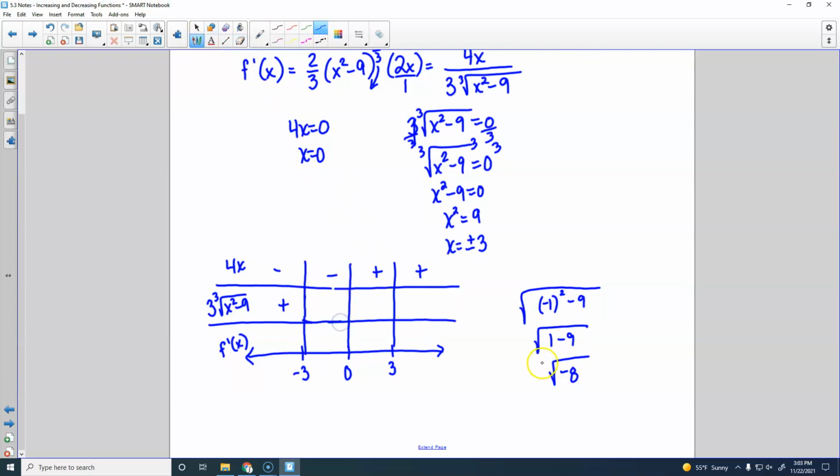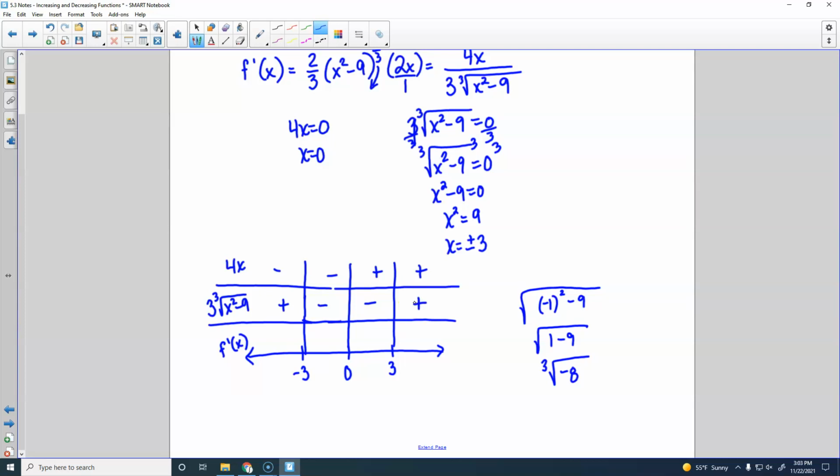So a negative under a cube root is negative. So you're going to get a negative here. Sorry about that. And then we'll also get a negative here, because if that was a positive 1, we'd still get the same thing. And if we plug in a positive 4, we would get a positive.